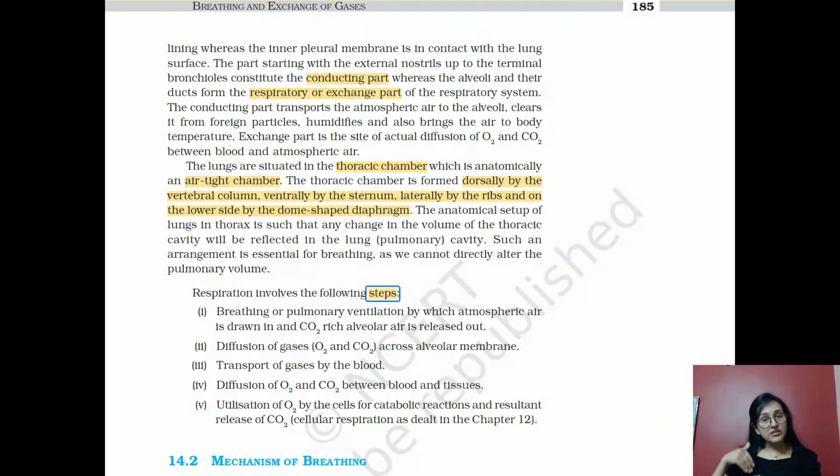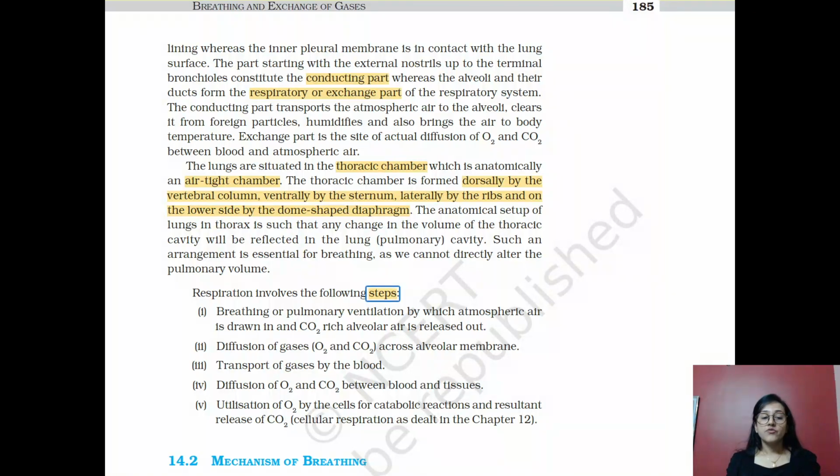It goes through the conducting part, then goes to the respiratory or exchange part of the respiratory system, and again after the process of cellular respiration is done, we are exhaling the air. So the carbon dioxide rich alveolar air is released out.